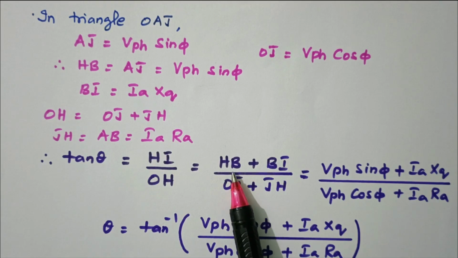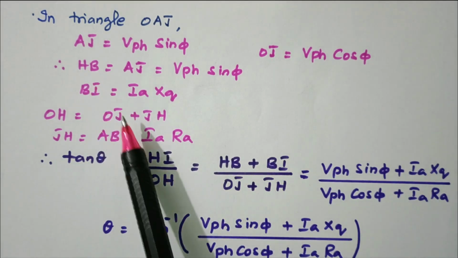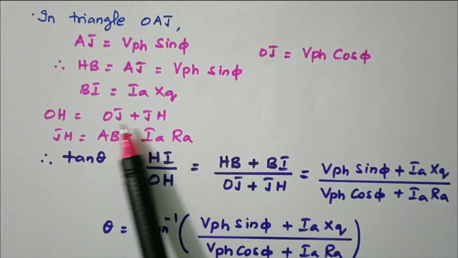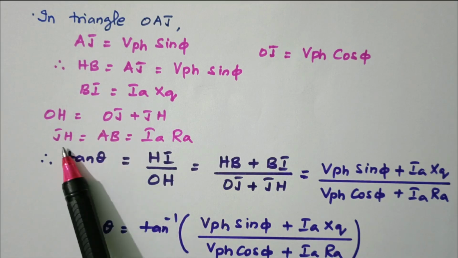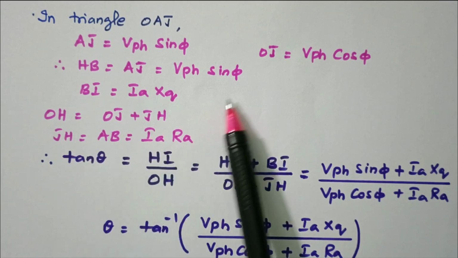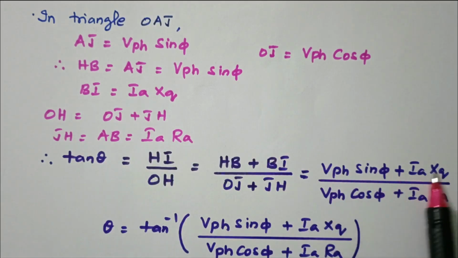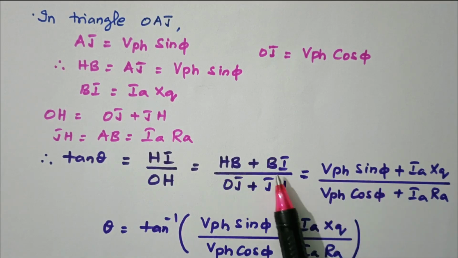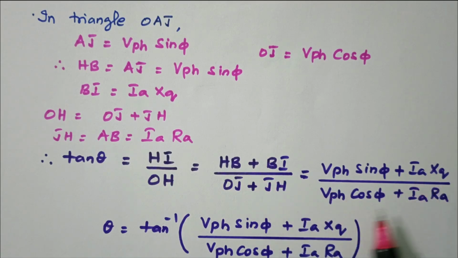HB is available, BI available, OJ available, and JH is available. Now we'll substitute all these values. HB is V phase sin phi, BI is IA XQ, OJ is V phase cos phi, JH is IA RA. Now we'll find theta.